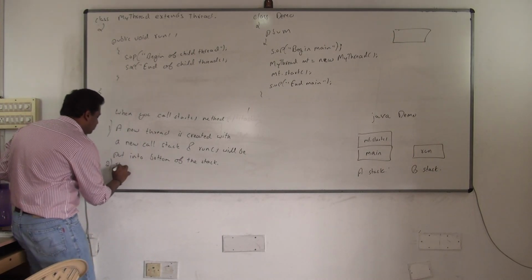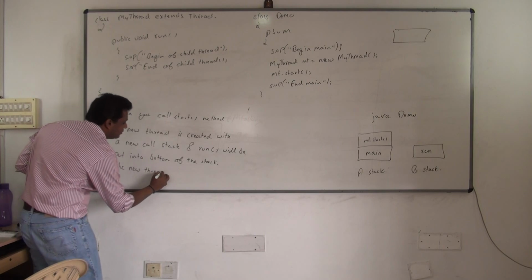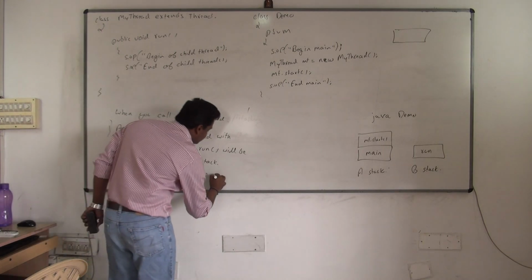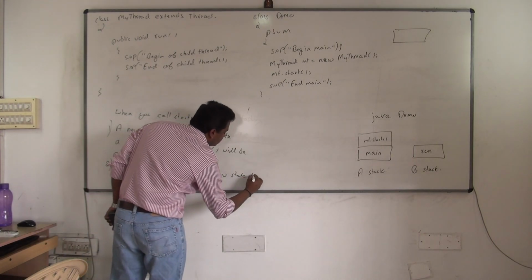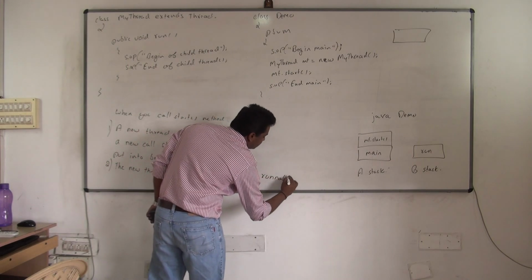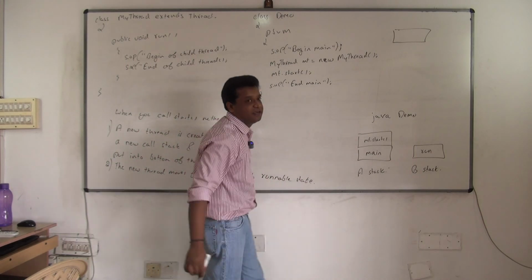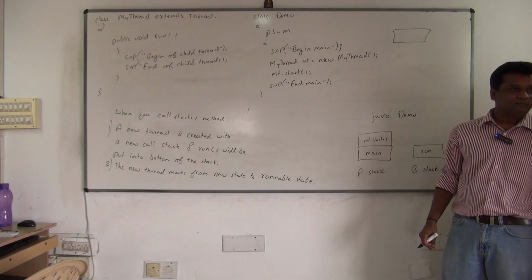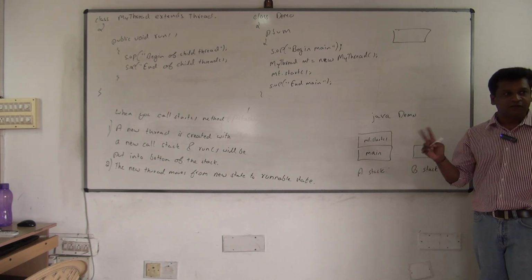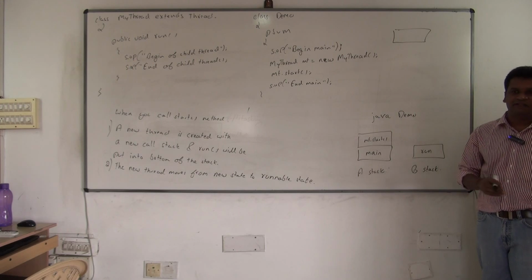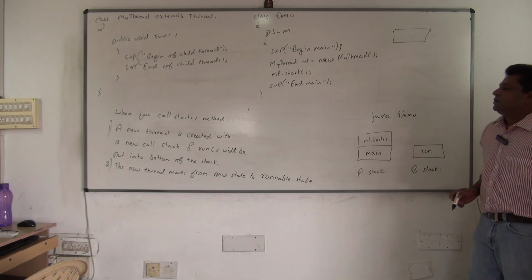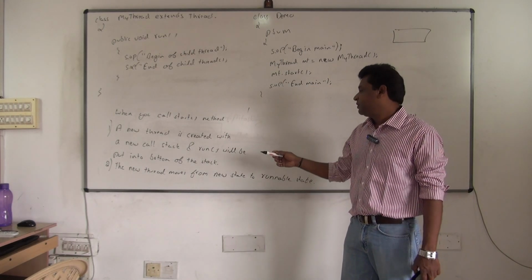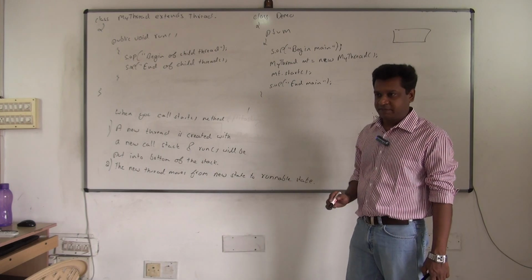Next, the new thread moves from, can you guess, new state to runnable state. So we are coming up with one more state now. So when you call the start method, two things happen. These two things should happen, otherwise your thread will not execute. A new thread is created in a new call stack and the run method will be put into the bottom of the stack. The new thread moves from new state to runnable state.